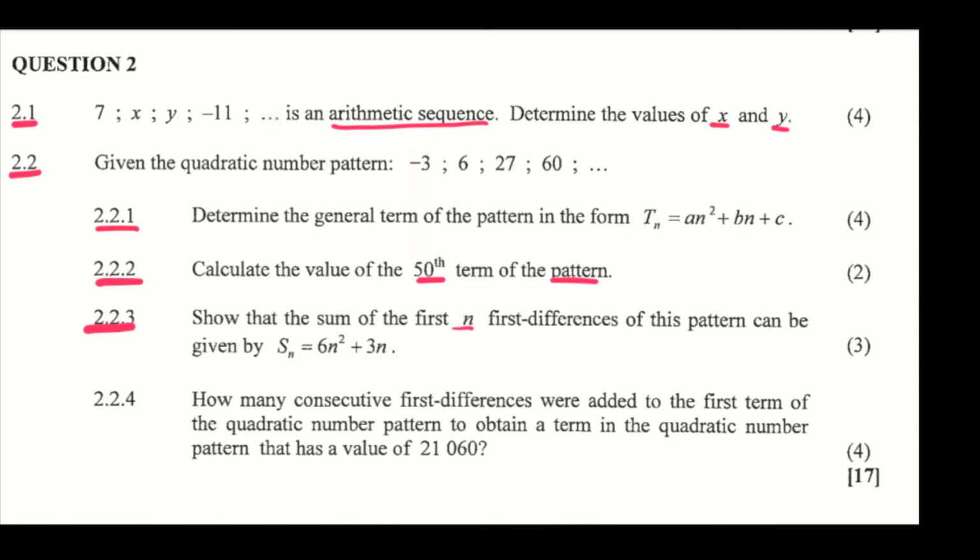2.2.3: show that the sum of the first n first differences of this pattern can be written as Sn equals 6n squared plus 3n. So we must just write the sum of the first n differences of the pattern and show that it's going to give us this value.